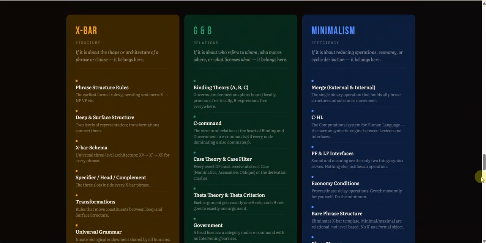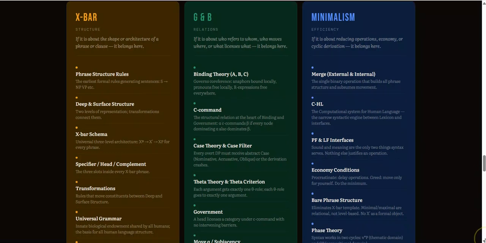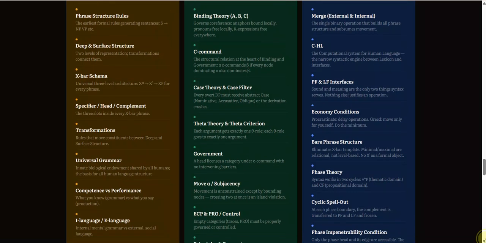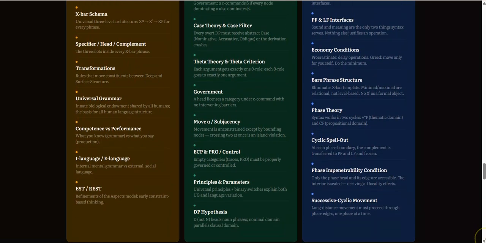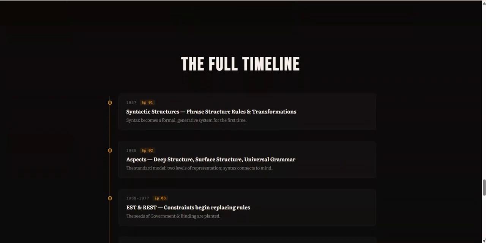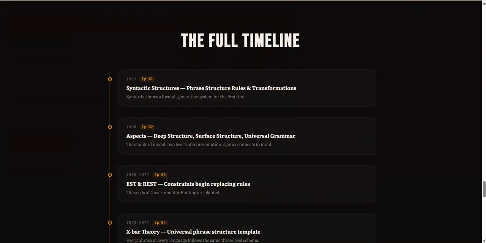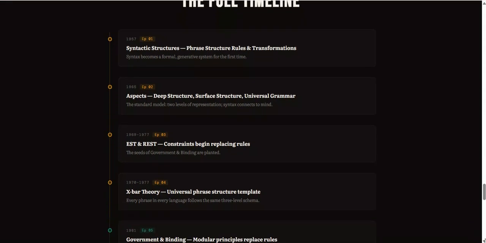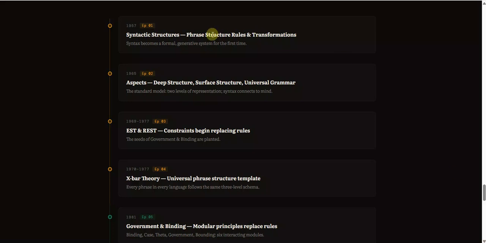Let me show you clearly. Okay. Now let's look at the full timeline. It says, for understanding: 1957 Syntactic Structures, then 1965 Aspects. 1969 to 77 it's EST and REST.